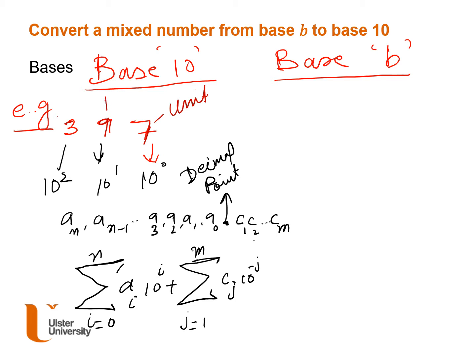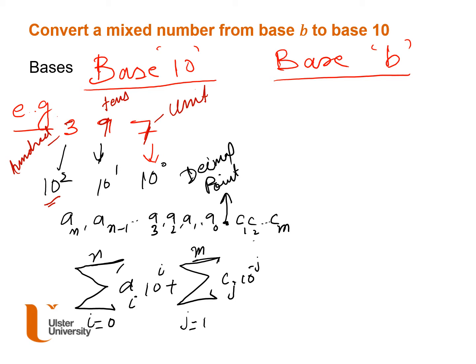Similarly, 9 is in tens, so it would be 10 to the power 1, and 3 is in hundreds, so according to its position, its weight would be 10 to the power 2.